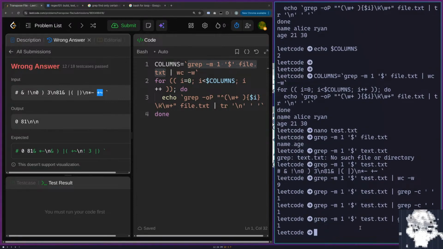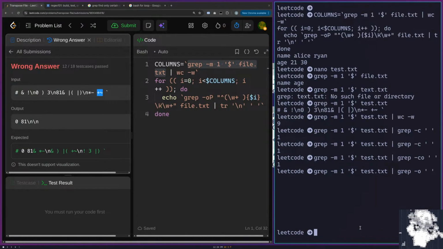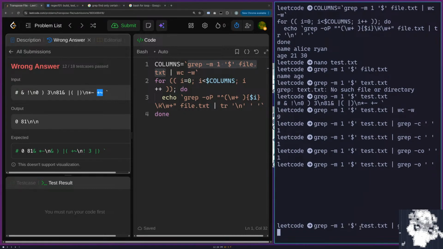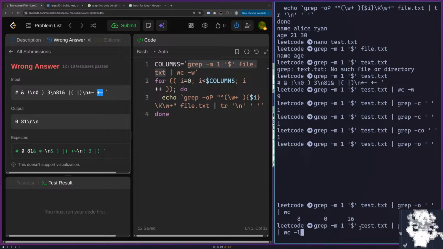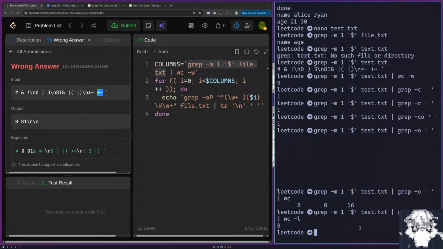Okay, what if I pipe that into a word count? So that gives me 8 spaces. 1, 2, 3, 4, 5, 6, 7, 8.